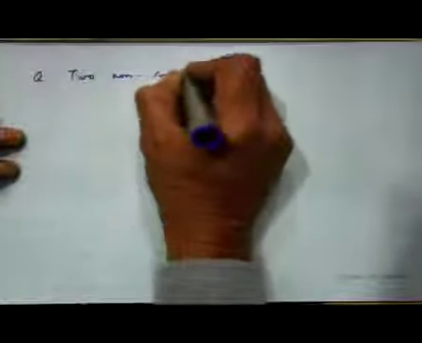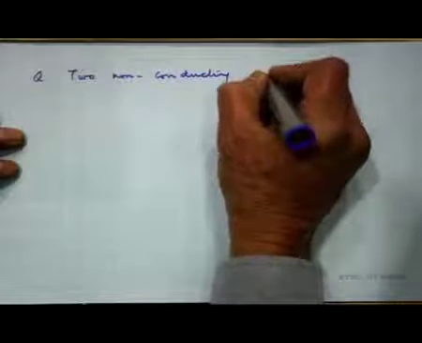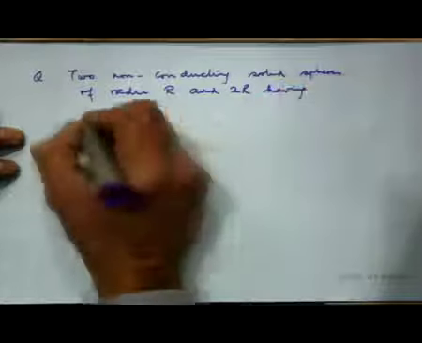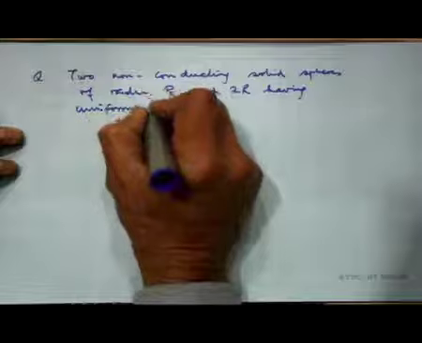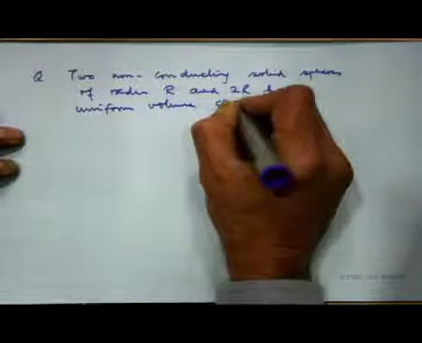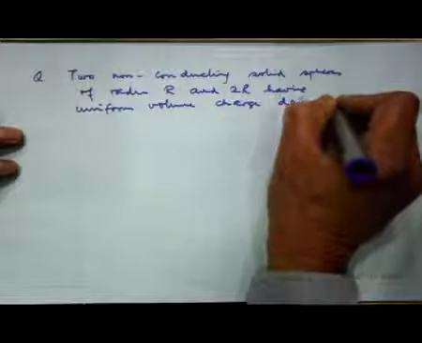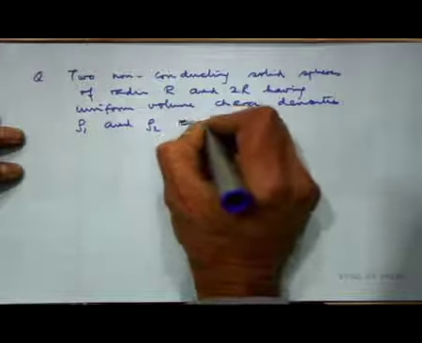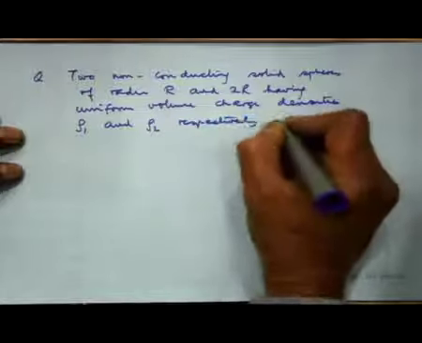Now, I want to look at the final problem here. Two non-conducting solid spheres of radii r and 2r, having uniform volume charge densities rho 1 and rho 2 respectively, touch each other.